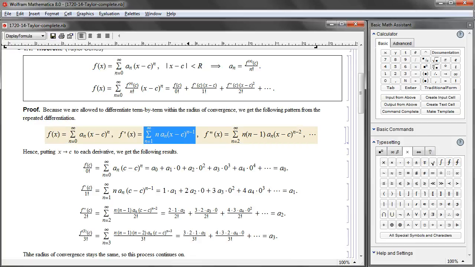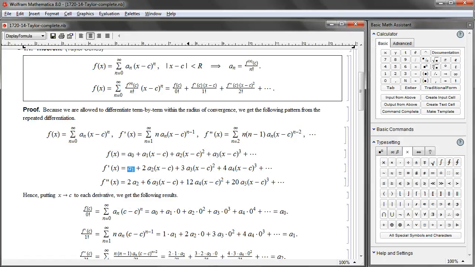Now, if you take the derivative again, then the very first term, a1, will be gone, and you have to start from n equals 2, and that's going to be this series after taking the derivative. If you take the derivative again, then this will be constant, so this is going to be gone. And then the next series will begin from n equals 3, and so on and so forth.